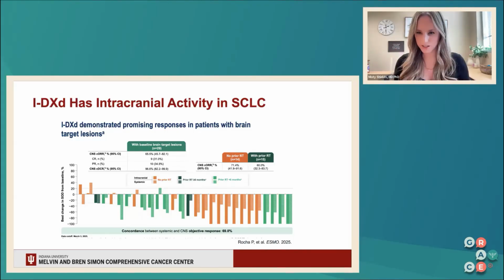And you can see those bars going in the same direction for the majority of patients here on the study. This is what we want to see. We really want patients having success stories, both in the areas in the chest, the body, the bones, the liver, but also in the brain, which could be a sanctuary site for small cell lung cancer.